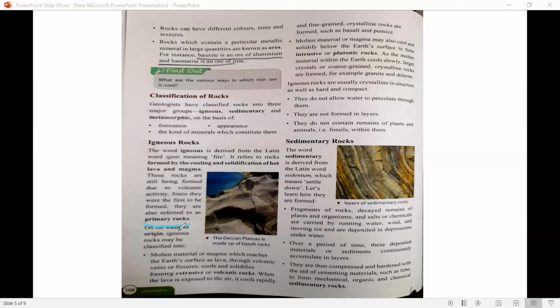Now, let's see on what basis igneous rocks are classified. The classification is given below. Molten material or magma reaches the Earth's surface as lava through volcanic vents or fissures, cools and solidifies, forming extrusive or volcanic rocks. When the lava is exposed to the air, it cools rapidly and fine-grained crystalline rocks are formed, such as basalt and pumice.